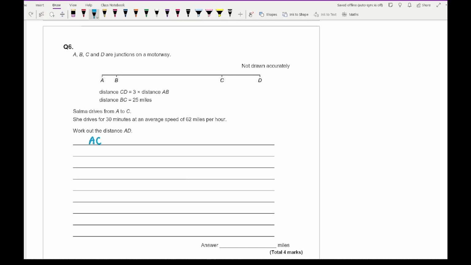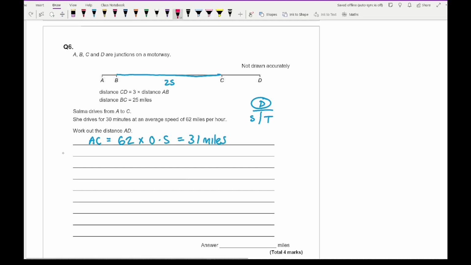Well, for A to C, I know that B to C, this blue line, if I just draw that out, is 25. So A to C, I can work that out by doing distance, speed, time. So the distance is the speed, which is 62, multiplied by the time in hours, which is 0.5, and that works out to be 31 miles.